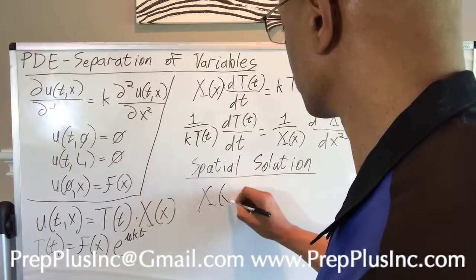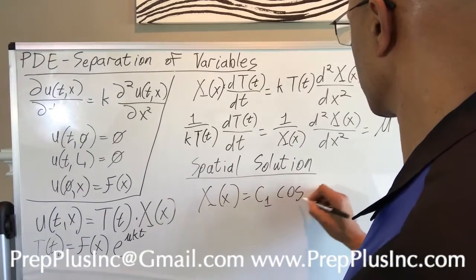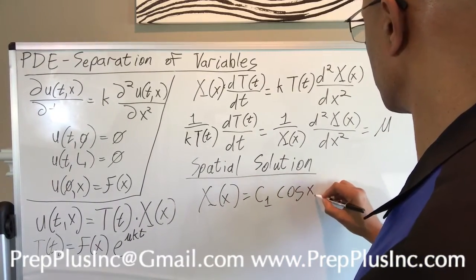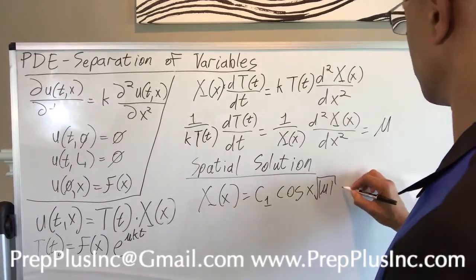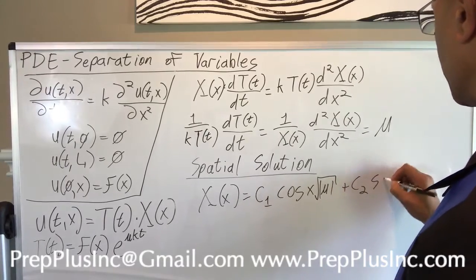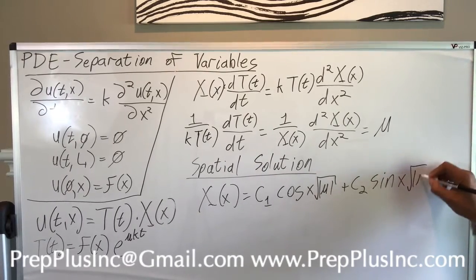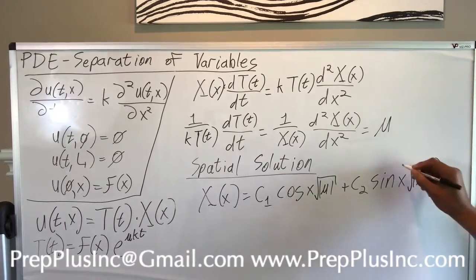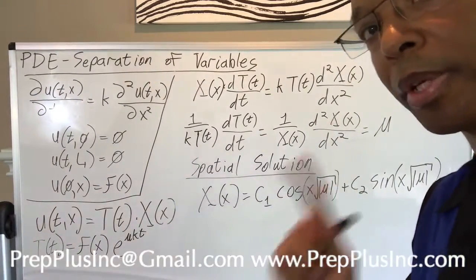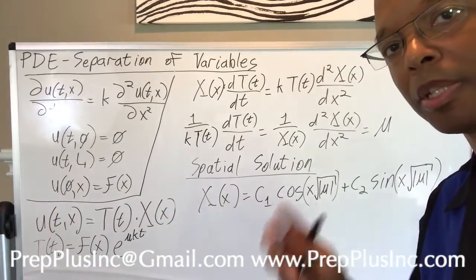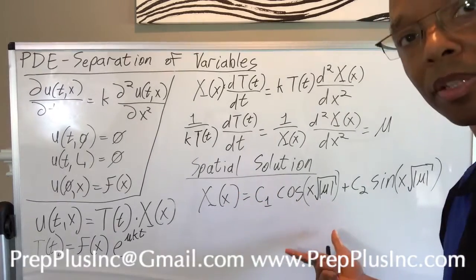The spatial part X is some constant C1 cosine of x square root of absolute value of mu, plus C2 sine of x square root of absolute value of mu. We expect a real physics problem to have a real, oscillatory solution.